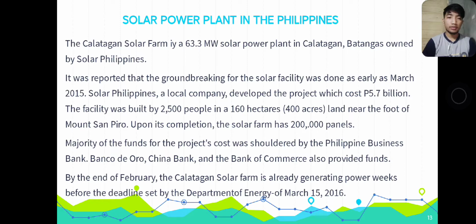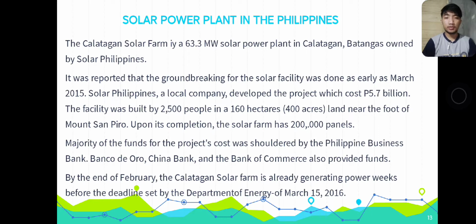The facility was built by 2,500 people in 160 hectares or 400 acres of land near the foot of Mount San Piro. Upon its completion, the solar farm has 200,000 panels.